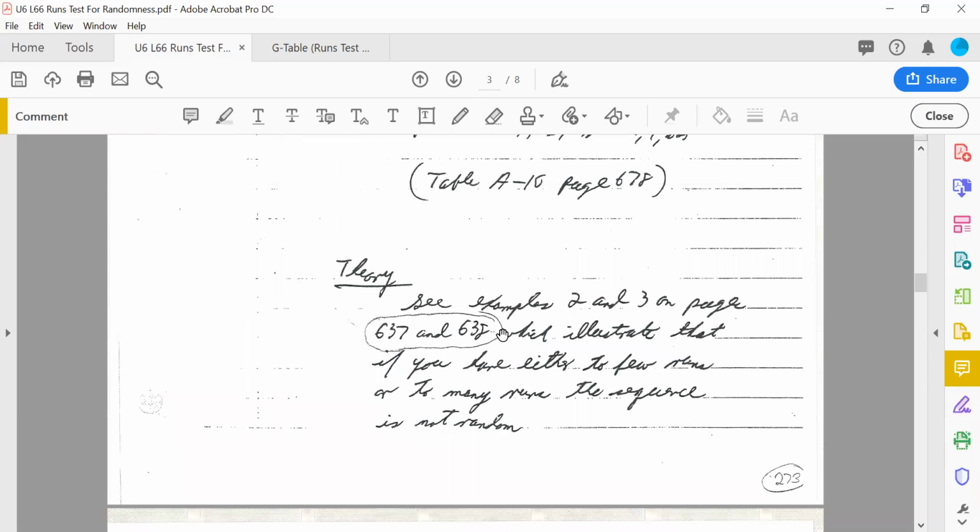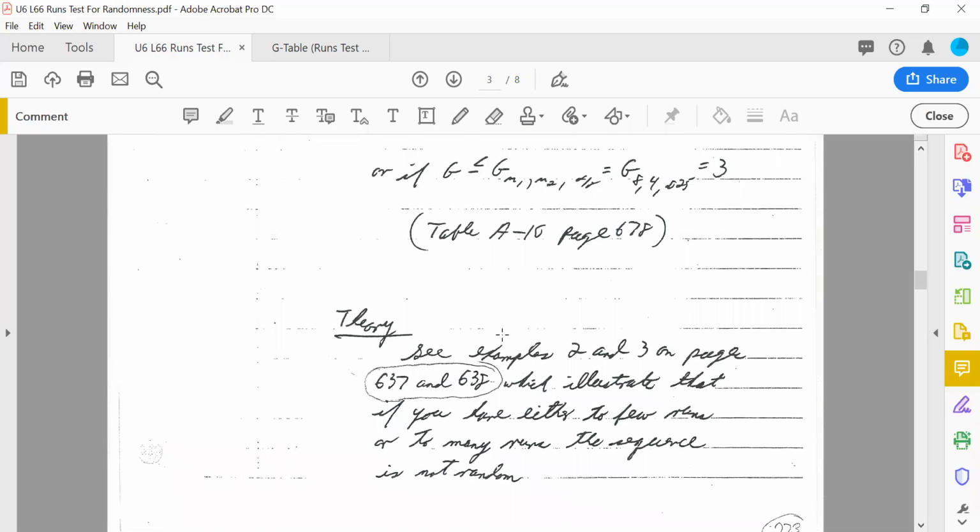Okay. Now, what is the theory behind this runs test in general? What if the sequence looked like this? Man, man, man, man, man, man. What if I only did 6? In this particular case, G is going to equal 1 because it's all men. However, what if I did this?